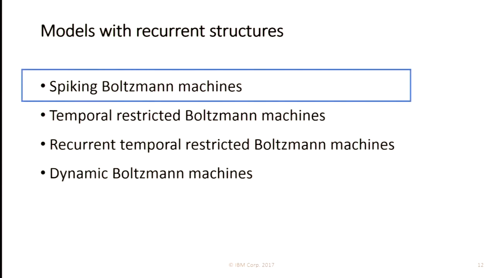For this part, I'm going to start with some classical models, the spiking Boltzmann machine and the temporal RBM. But I think knowing these two models gives you some good motivation for more recent work on the recurrent temporal RBM or dynamic Boltzmann machines.